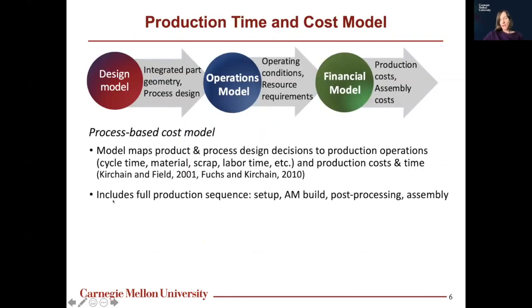In terms of evaluating the total production costs and time associated with these consolidation candidates, we use a process-based cost model, where the data for this model is sourced from a variety of companies that use AM across multiple industries.